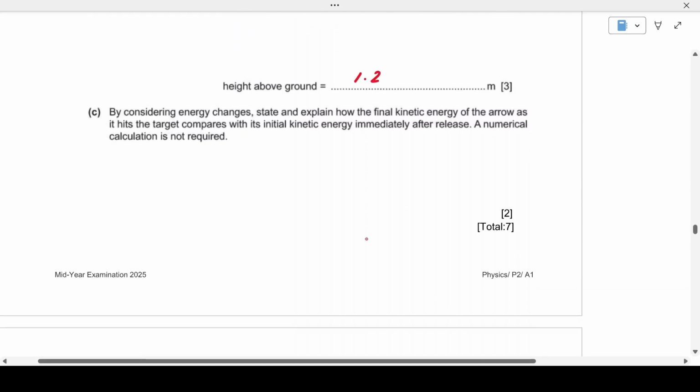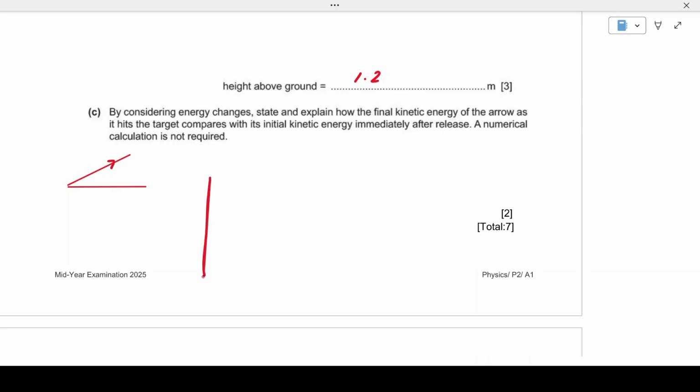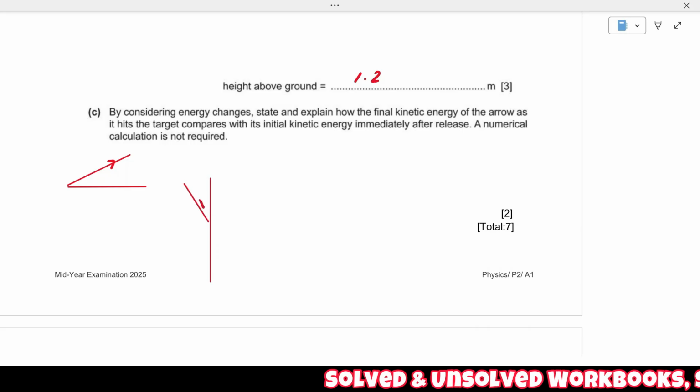By considering the energy changes, explain how the final kinetic energy of the arrow as it hits the target compares with its initial kinetic energy after it is released. Initially the arrow was over here at a larger height, then it goes to hit the target and lands over here.